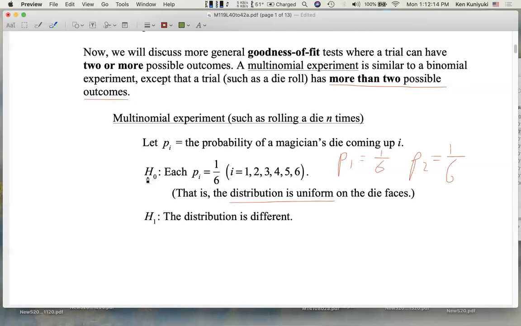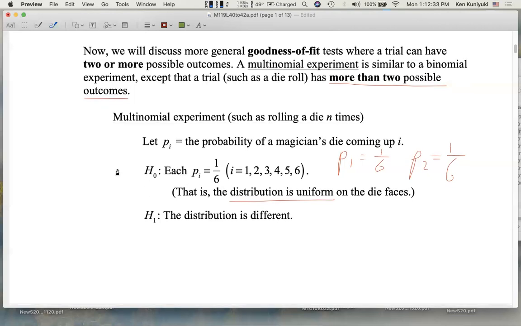So the null hypothesis says the distribution is uniform. The alternative hypothesis covers every other possible case. In one way or another, the distribution is different. Whether you have a higher probability of 1s or 6s or whatever, the distribution is somehow not uniform. Once again, the null hypothesis is the basis for our calculations.